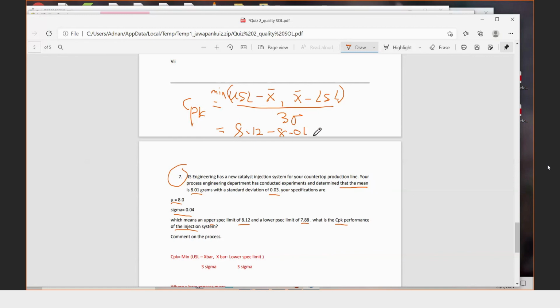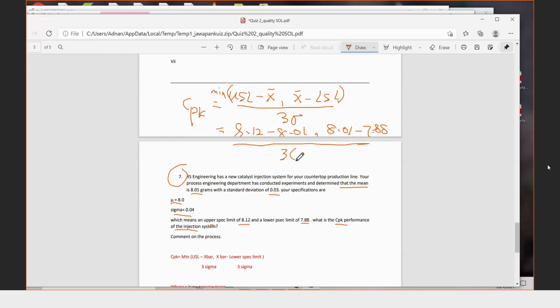And then you have another option which is X bar, 8.01 minus lower spec. Okay, 788.